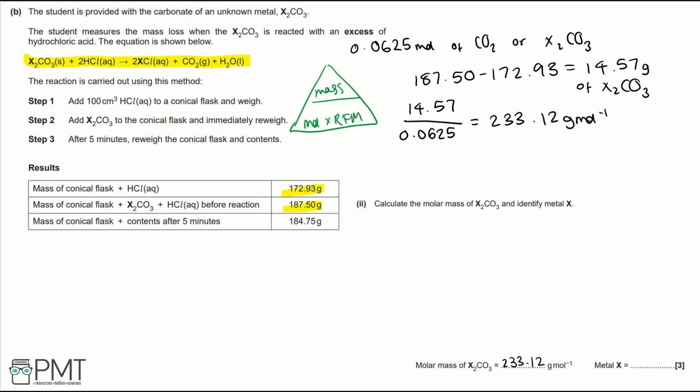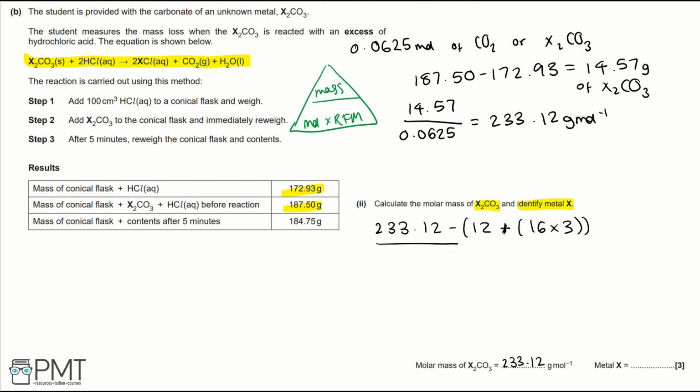So that's our molar mass, which we can write on the answer line, 233.12. Now we want to work out the identity of metal X. We're going to do this using the molecular formula of our carbonate. So what we want to do first is minus the relative formula mass of our carbonate ion, which is going to be 12 plus 16 times 3, from the molar mass.